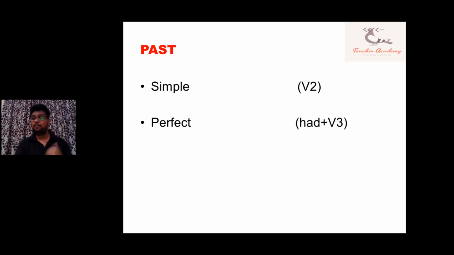Next, the past perfect tense. We often get confused in past perfect tense. So there is a trick to recognize as to which statement is in its past perfect. Whenever you see had and the third form of the verb, it is past perfect tense. I would take an example. They had done their work.